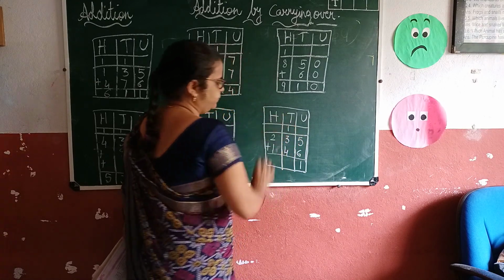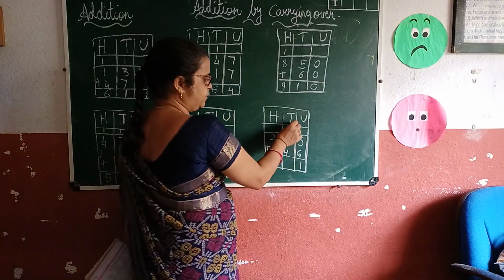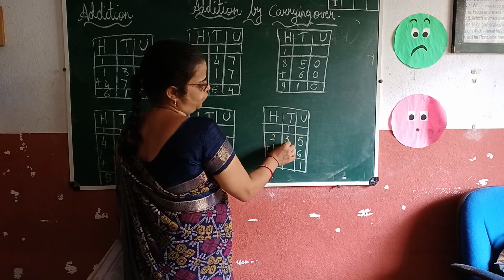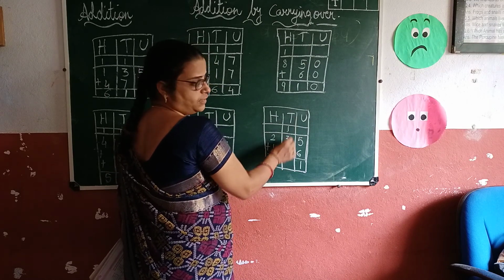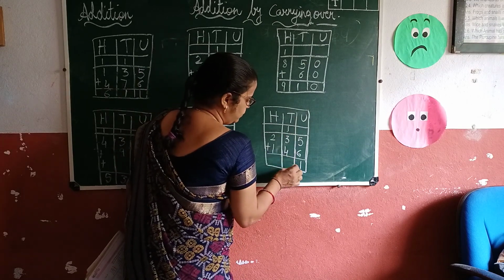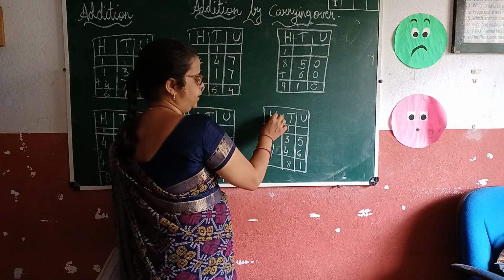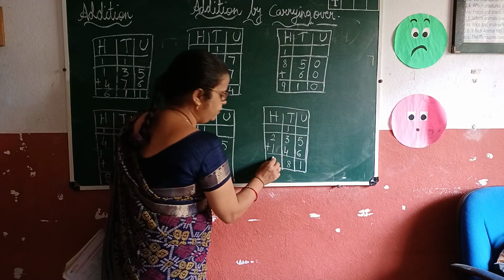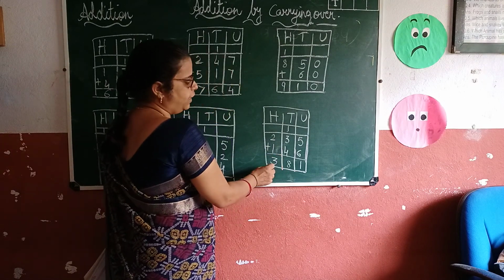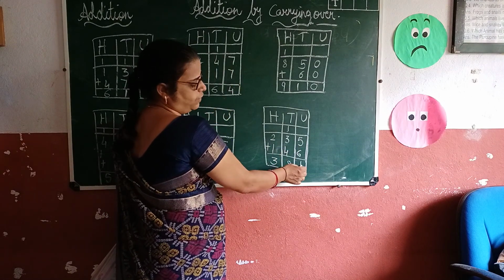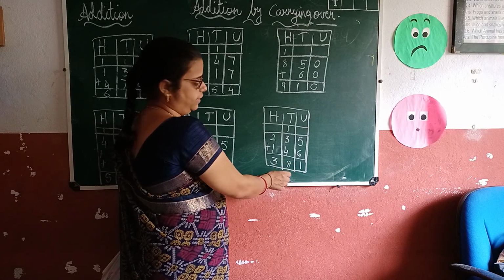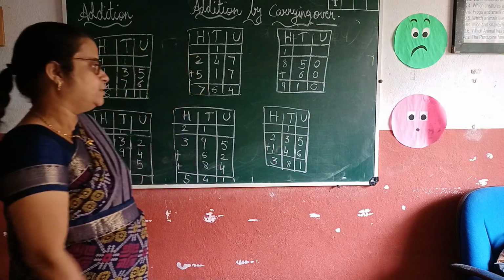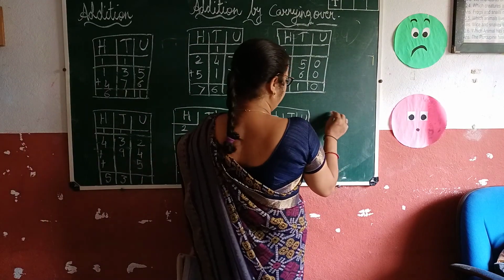So carry 1 here. Then 1 ten plus 3 tens is 4, and 4 plus 4 is 8 tens. Again in the hundreds column there are 200 plus 100, it is 300. So 300, 8 tens, 1 unit. Your answer is 381.